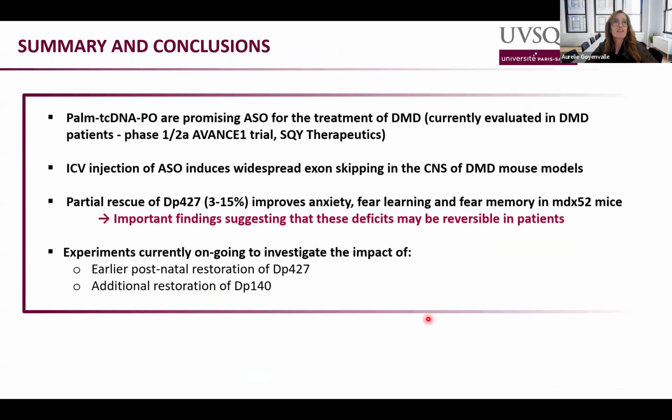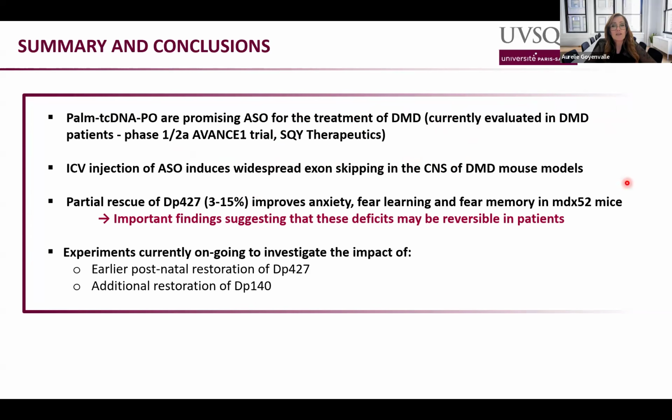So to summarize this talk today, I've shown you first that the pan-tricyclo PO, so the full phosphodiester, is a promising chemistry for the treatment of Duchenne muscular dystrophy. So it is currently evaluated in DMD patients by Sky Therapeutics.